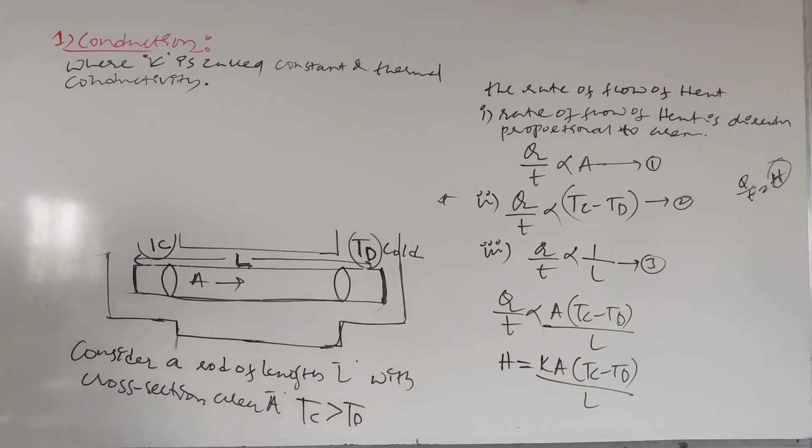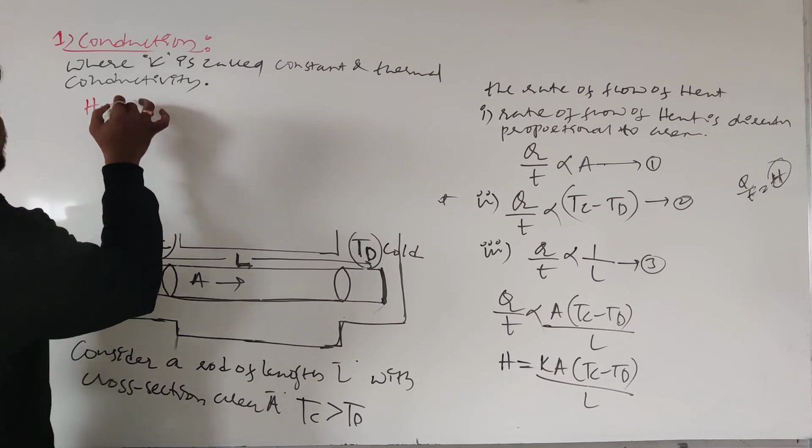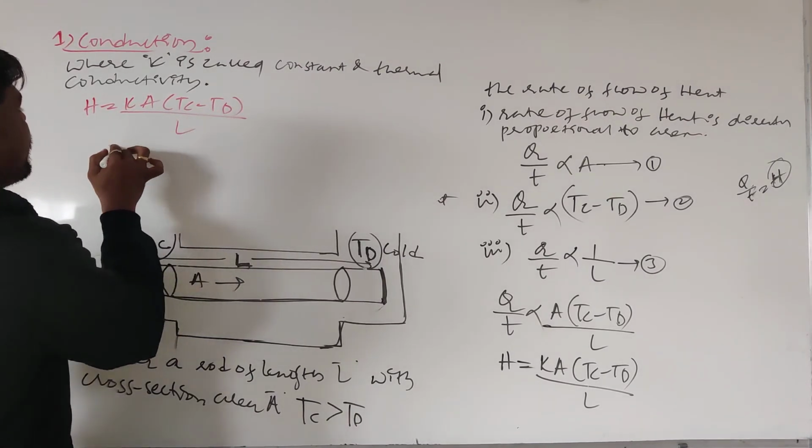This we call thermal conductivity. So here, once again, H is equal to K A Tc minus Td divided by L.